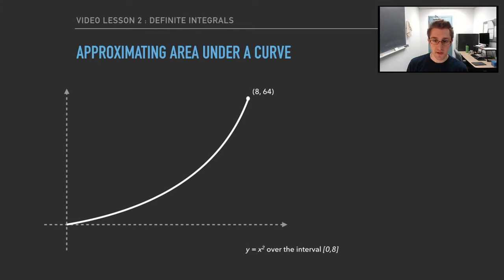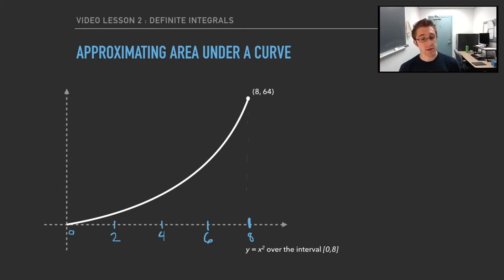The first thing I'm going to do is draw a dotted line here. So this is 8. I'm going to break the interval that I'm trying to compute the area over, 0 to 8, into pieces. Here's 0, here's 8. For this example, let's break it into 4 pieces of equal size. So this is 2, 4, and 6.